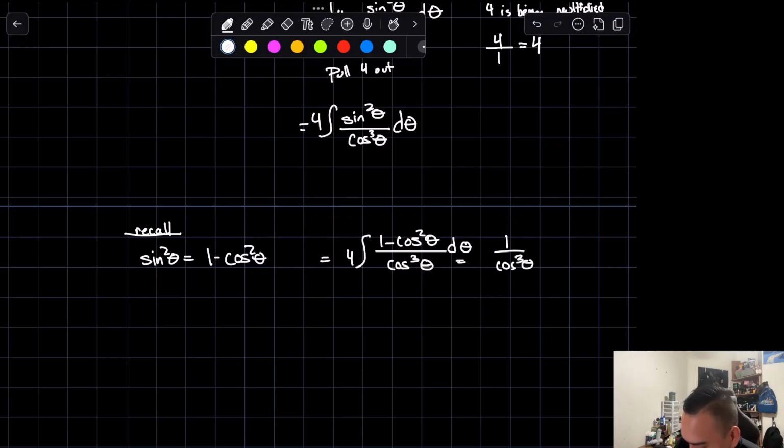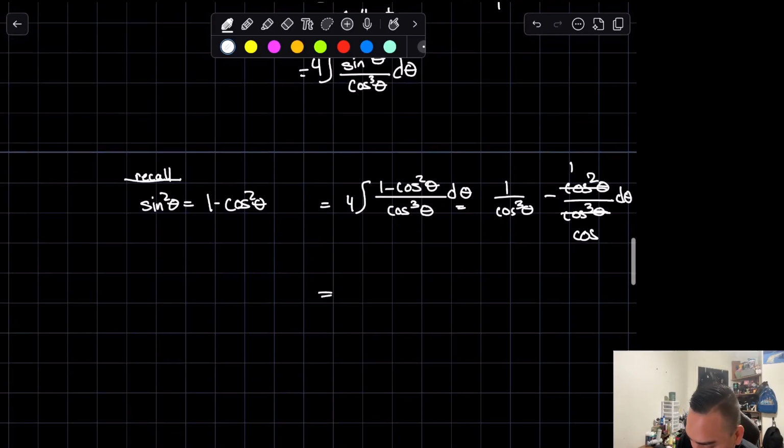They have the same denominator, right, which is the same as minus cosine squared theta over cosine cubed theta d theta, right? So from here, what we can see is that the cosine on top can actually cancel out. It's just going to become 1. The cosine on the bottom is just going to become cosine. So here, what do we get? We get 4 times the integral of 1 over cosine cubed theta minus 1 over cosine d theta, right?